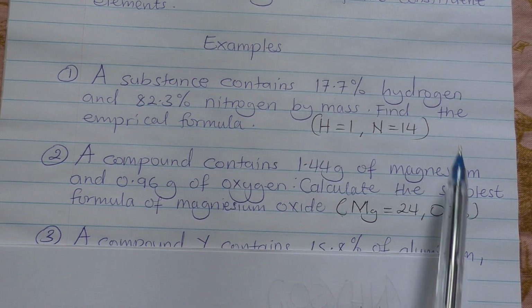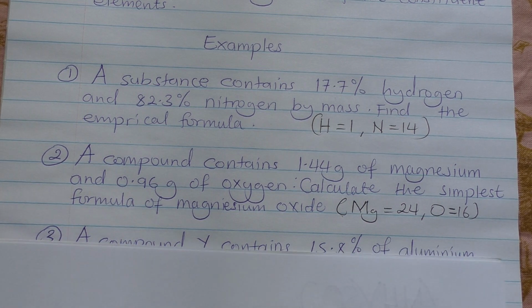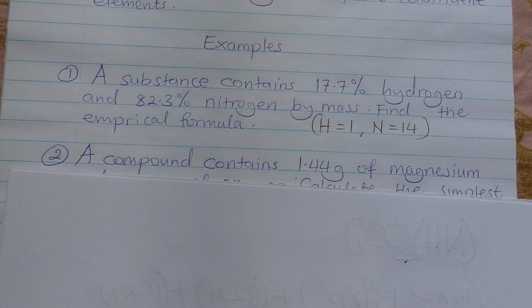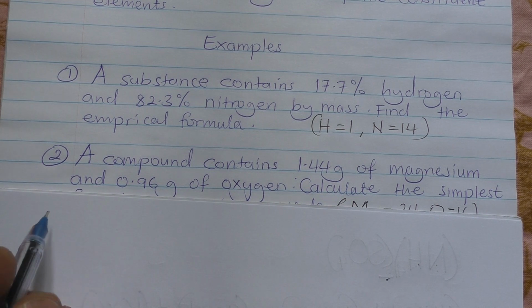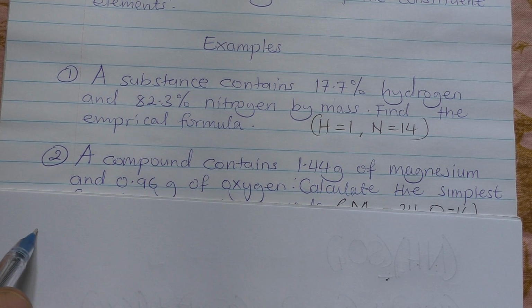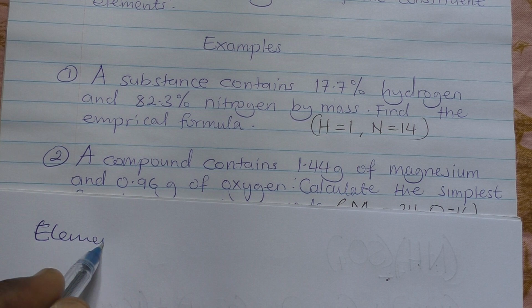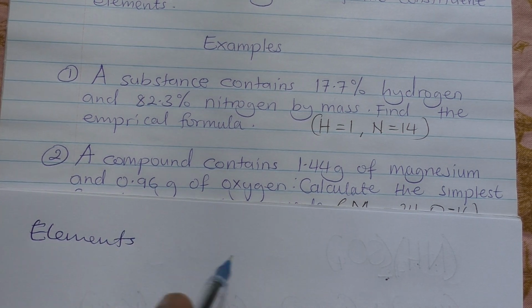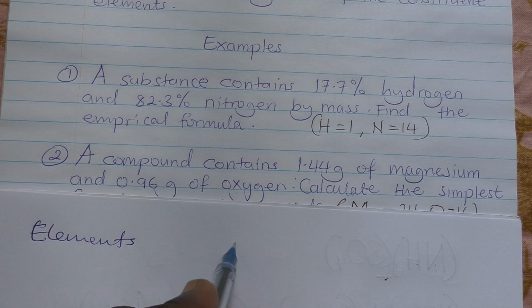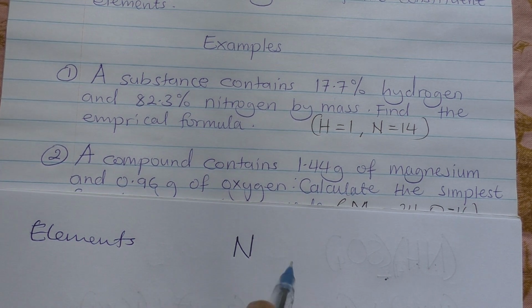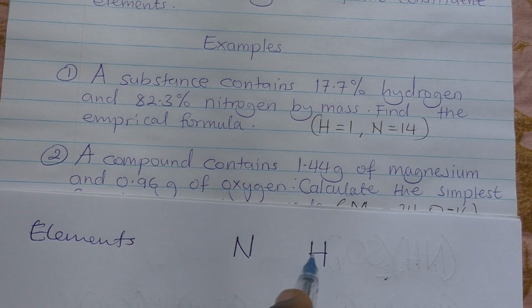They want us to find the empirical formula. So this is how we shall read. First of all, let us look at the elements. The elements are nitrogen and hydrogen.